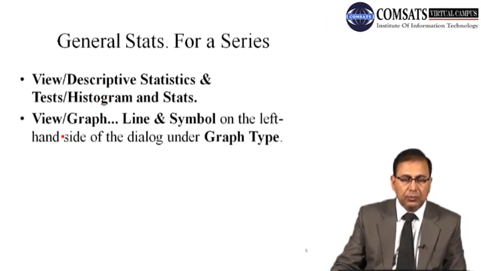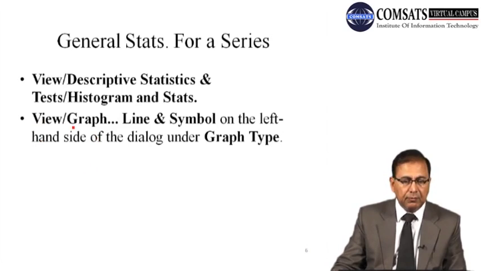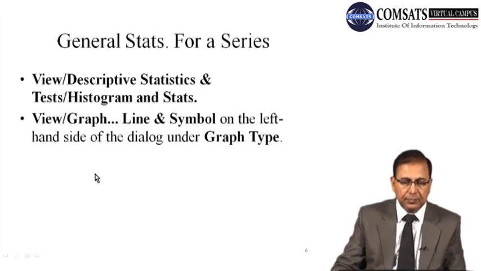And now we want to view graph for the same series, for one series. So here we can see view, graph, line and symbol on the left hand side of the dialog under graph type. Let's see how it is done.